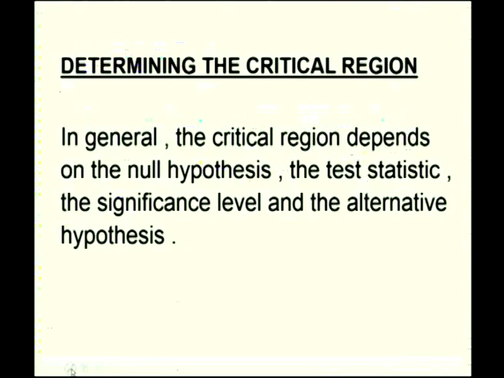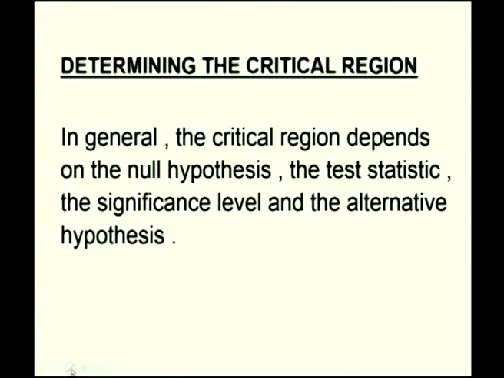We have discussed determining the critical region for a particular level of significance, alpha equal to 5% and alpha equal to 1%. In general, the critical region depends on the null hypothesis, test statistic, significance level and the alternative hypothesis.